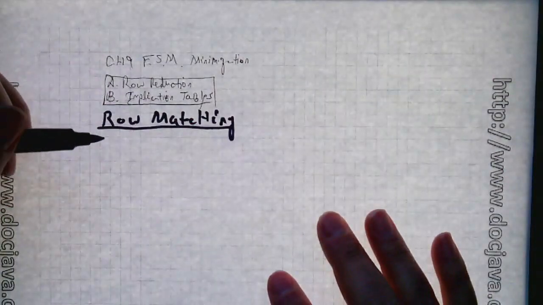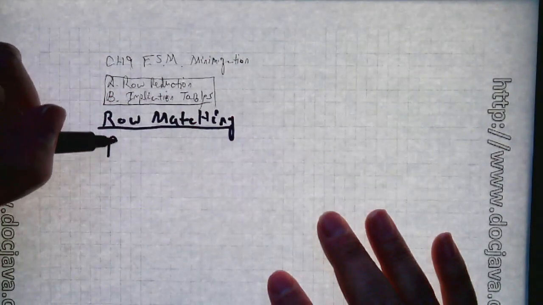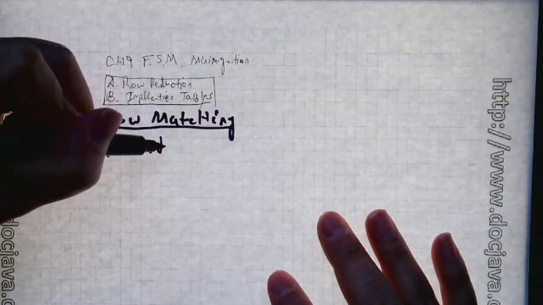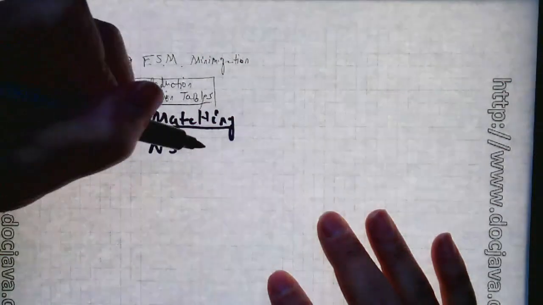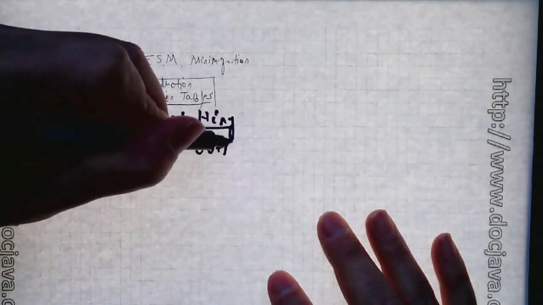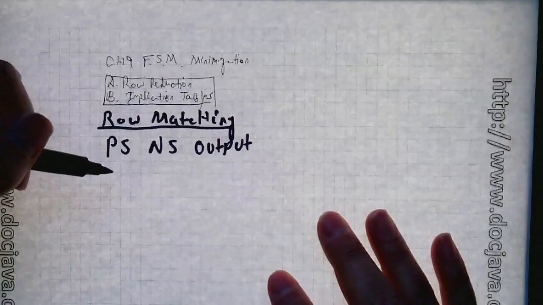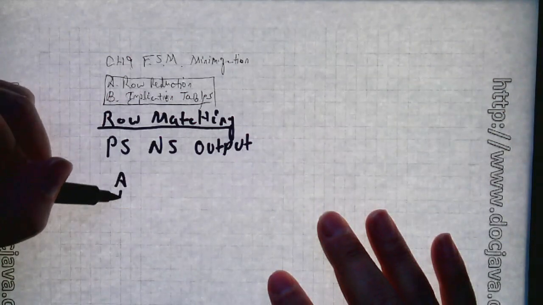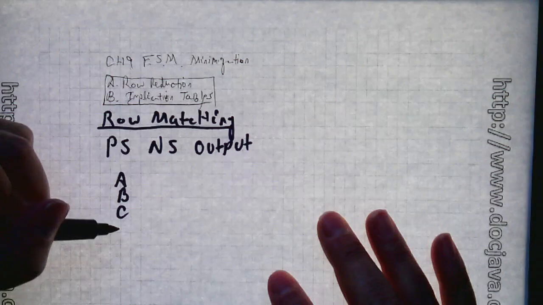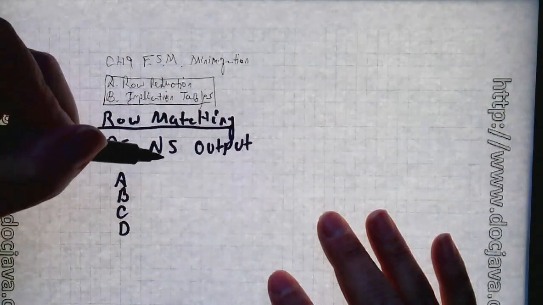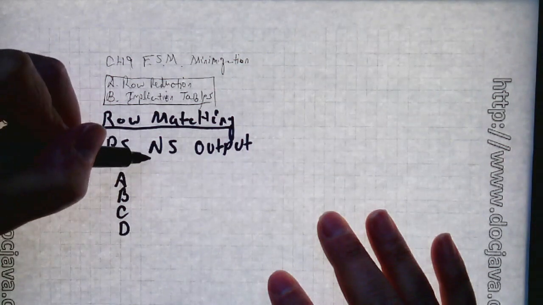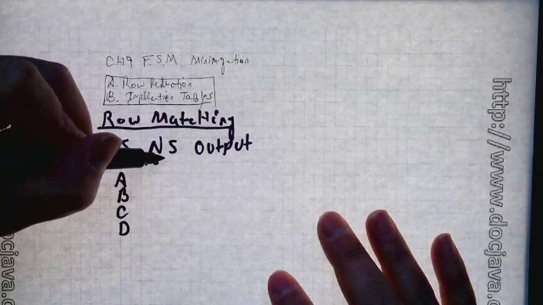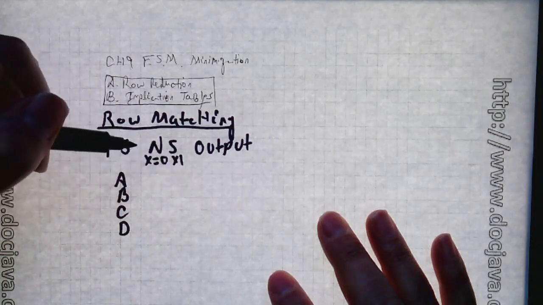That's good. So what we'll do is we'll establish the present state, the next state, and then the output. For the present state, we'll use states A, B, C, and D. For the next state, we'll use the function of the input, x equals 0 or x equals 1.